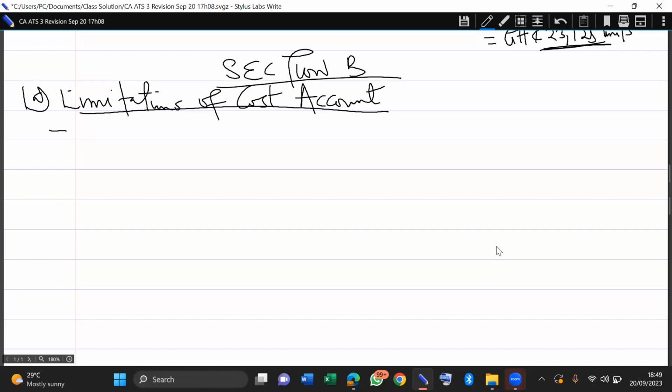And you already know the aim of cost accounting: to reduce cost, improve performance, and it is used for managerial decision making. Think like a manager. As a manager, I will always want to increase my profit and reduce my costs. What are now the benefits? Esther, tell us that.